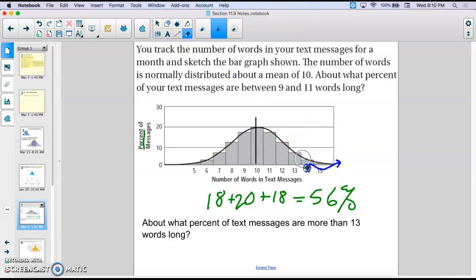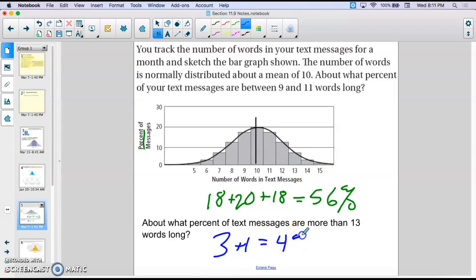Yes, there are minuscule amounts after the fact, but we're just going to add up the data that we're given. So 14 looks to be about 3%. And then 15, probably 1%.